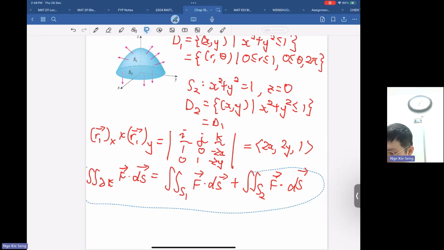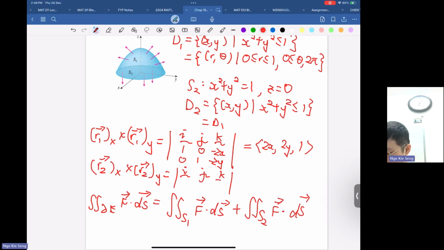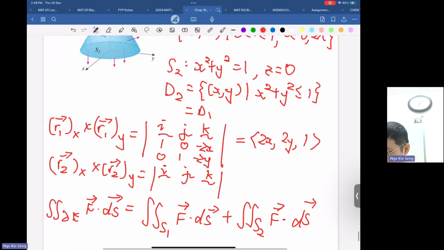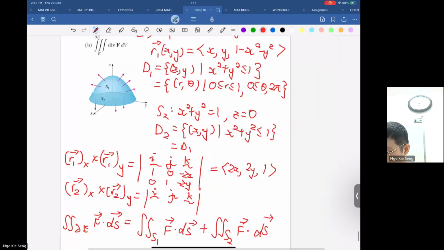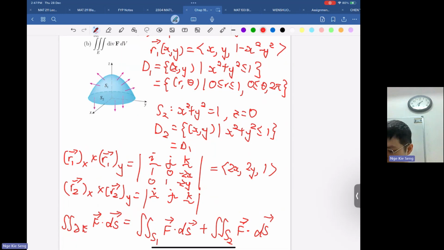How about r2? What's the normal vector for r2? i, j, k.